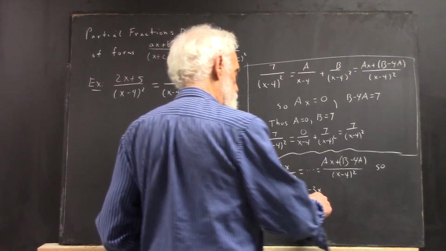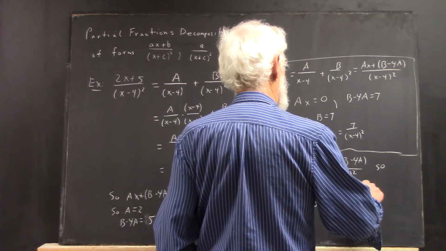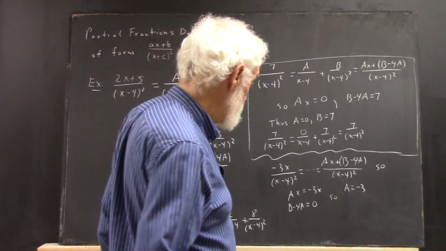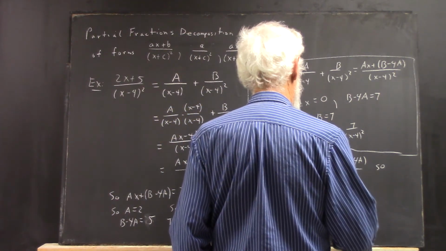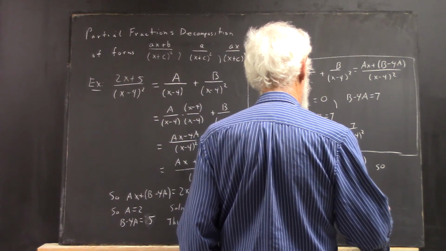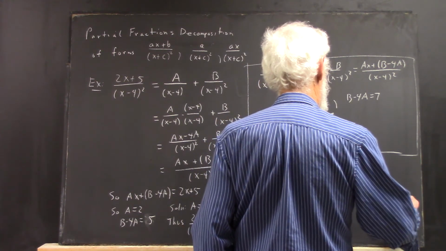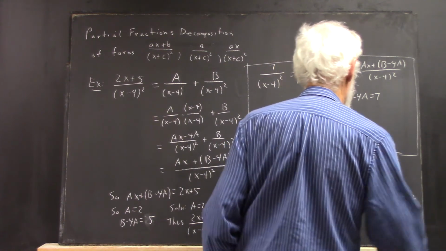So we solve this. From this one, we divide through by x, and we get a equals negative 3. Then we have b minus 4 times a, which is 4 times negative 3, 0. So b equals negative 12.